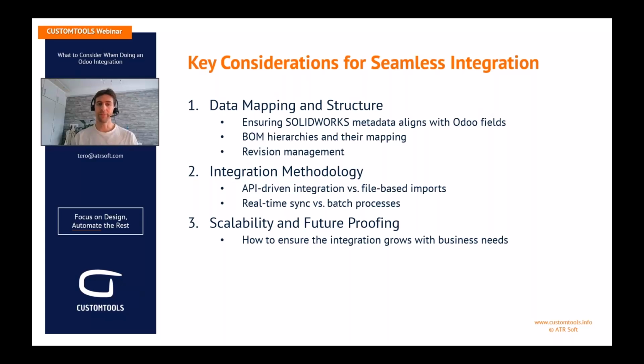Scalability involves many aspects such as data volume, users and workflows, integrations, performance optimizations, hardware and infrastructure. Future-proofing ensures that your system remains relevant and effective in the face of changing business requirements or technological advancements.